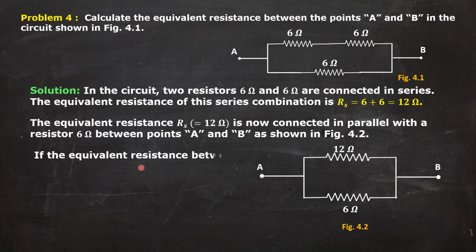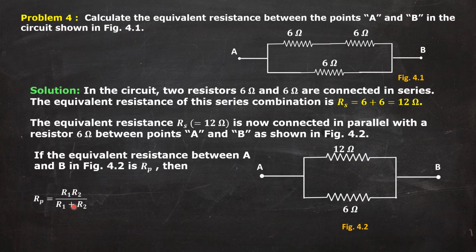If the equivalent resistance between A and B in figure 4.2 is Rp, then Rp is equal to product by sum, R1 R2 by R1 plus R2. Let us substitute these values in this equation. 12 into 6 by 12 plus 6, that means 72 by 18, we get 4 ohms.